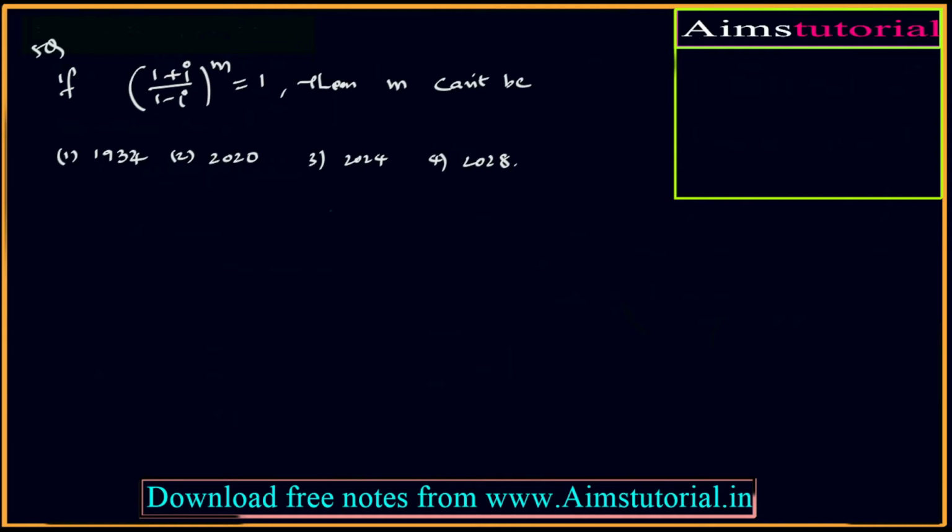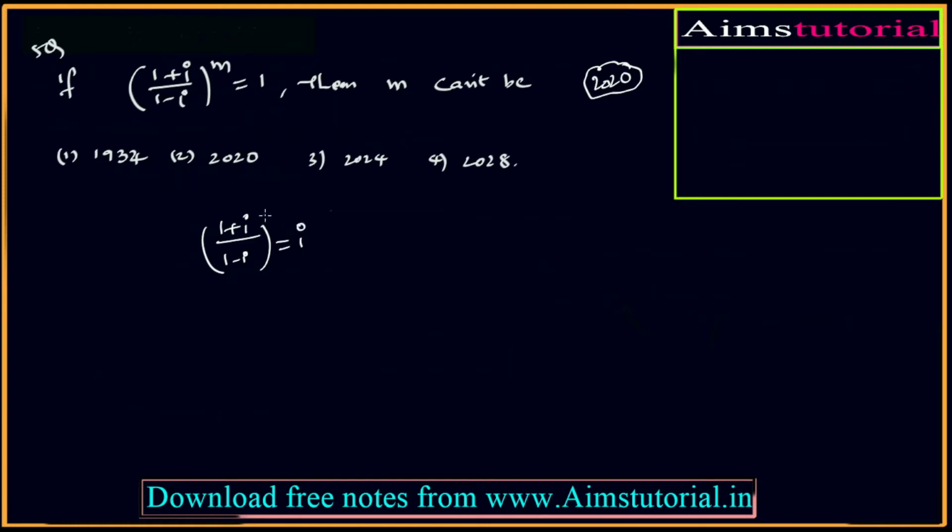Next question is related to the same previous question. This came in 2020 Eamcet. (1 plus I by 1 minus I) whole power m equals 1, then m cannot be 1934, 2020, 2024, 2028. We all know that 1 plus I divided by 1 minus I equals I only.